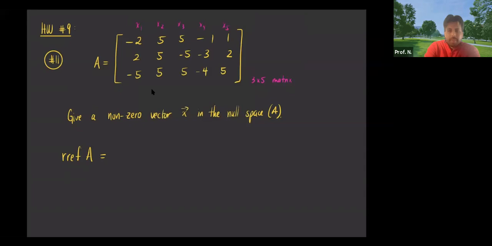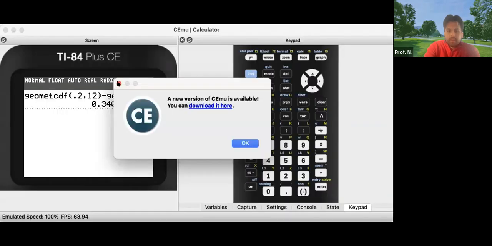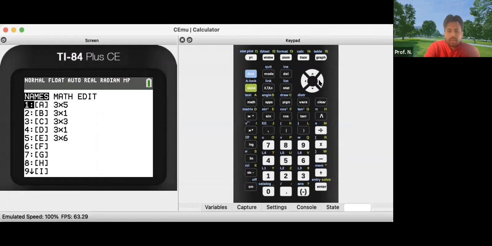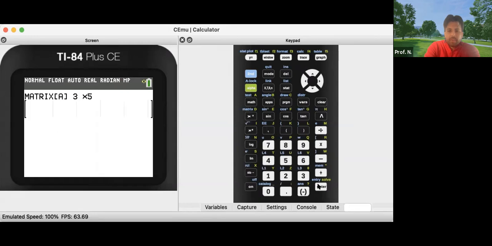I'm going to plug in my matrix. It's a 3x5, and I think I have it. Yep, I have it already placed into my matrix, and then I'm going to row reduce it.